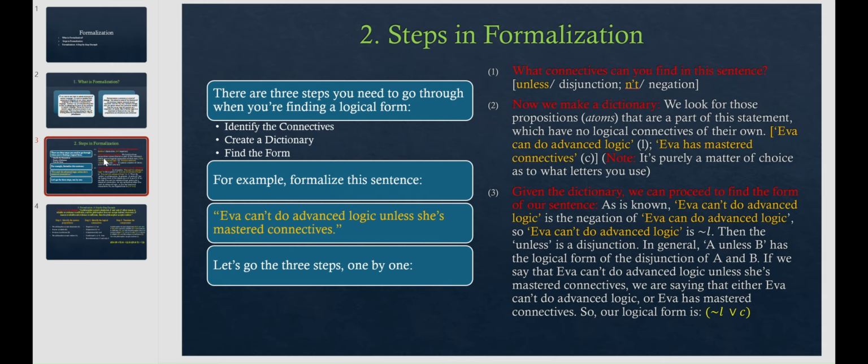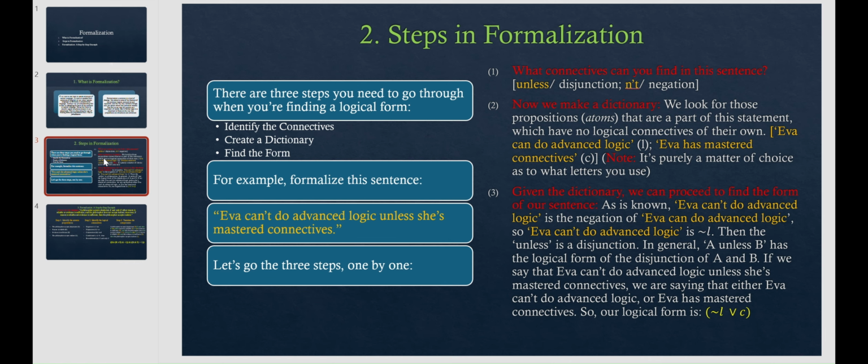And step 2, now we make a dictionary. We look for those propositions, that is, atoms, that are a part of this statement, which have no logical connectives of their own.